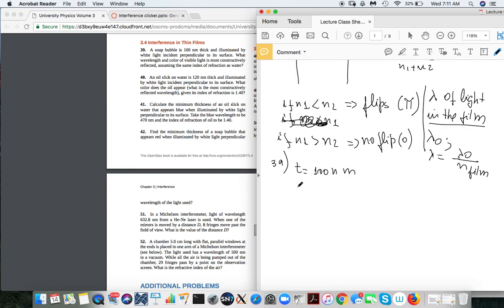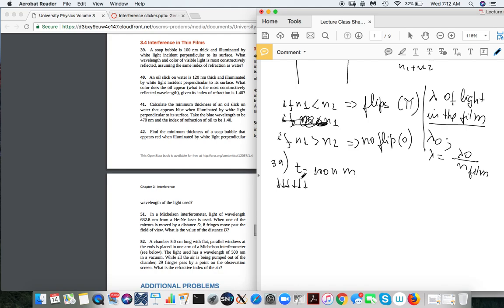Thickness illuminated by a white light incident. So white light, you have all the possible wavelengths, right? So we have red, blue, violet, and so on. That's why it's white. But when they pass through the film, there will be constructive interference, and some of this constructive interference will be highlighted.